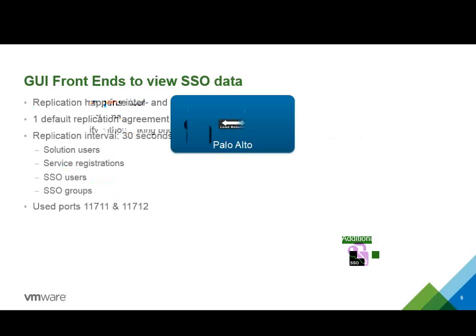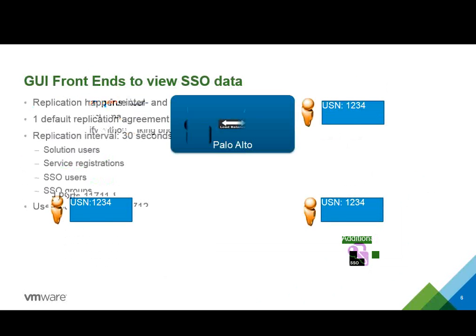So after we install it, how will this look if we have an actual replication going on? Let's say we've got a certain user and do a password change of that user now. For everyone who's familiar with Active Directory, you will know that Active Directory uses certain IDs called USNs to keep track of changes.